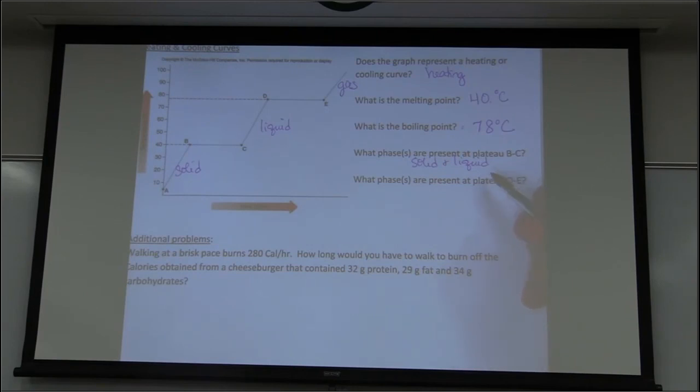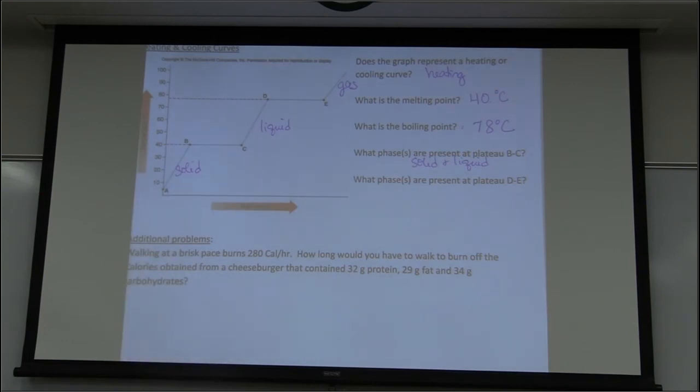I want to explain that for a minute. Let's talk about water because you're familiar with water. If you are exactly 32 degrees Fahrenheit, you will have both solid water and liquid water. If you go to 31.5 degrees Fahrenheit, you're going to be what? All solid. If you go to 32.5 degrees Fahrenheit, you're going to be all liquid.